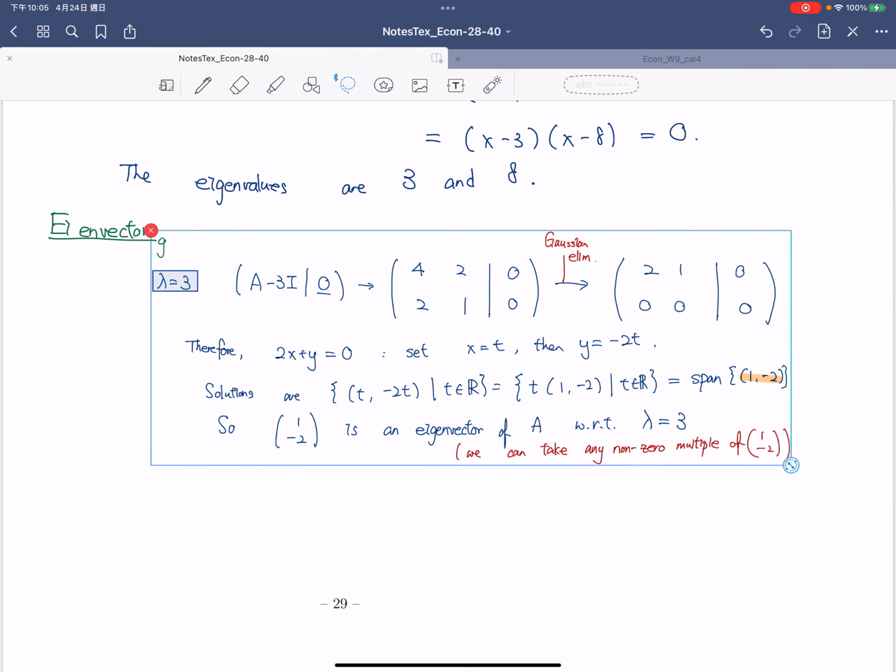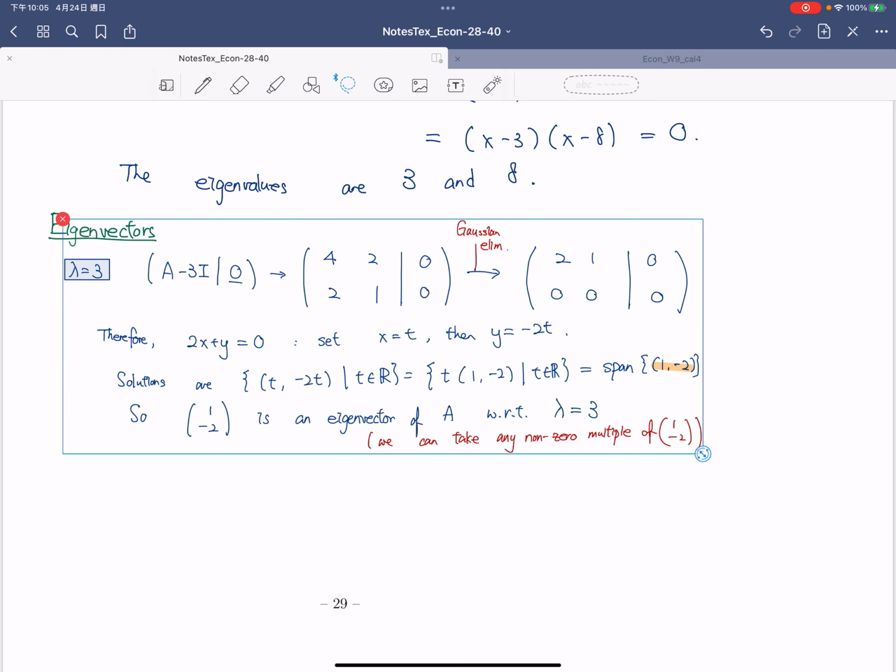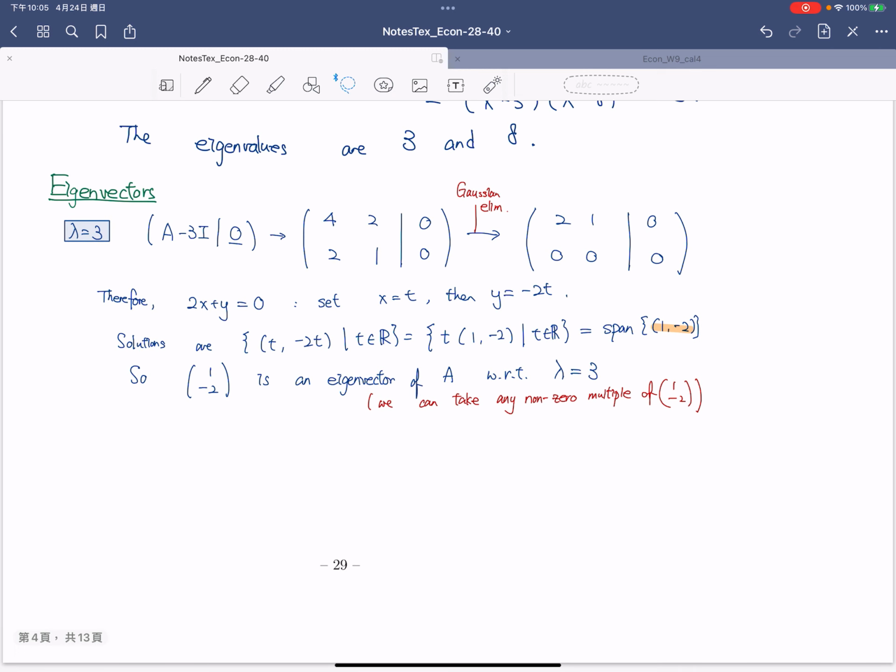This is only one of the eigenvalues. We have another one. The other eigenvalue is 8, so we have lambda equal to 8. To find the eigenvector, we need to solve the system equation (A - 8I) times the vector equals the zero vector on the right.